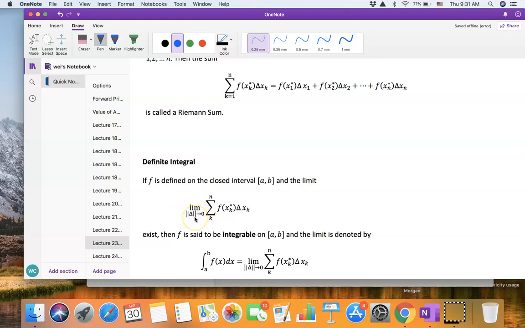What does this symbol mean? This is read as the norm of delta.